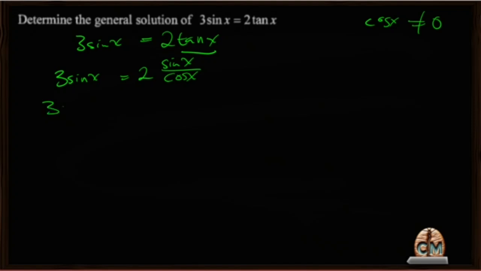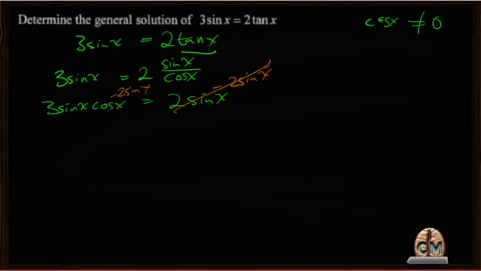So we'll have 3 sine of x times cosine of x, and then we'll have 2 times sine of x, which I think is sort of what we like. That's just better to deal with because we can move everything to the left, or transpose everything to the left by subtracting 2 sine of x from both sides.